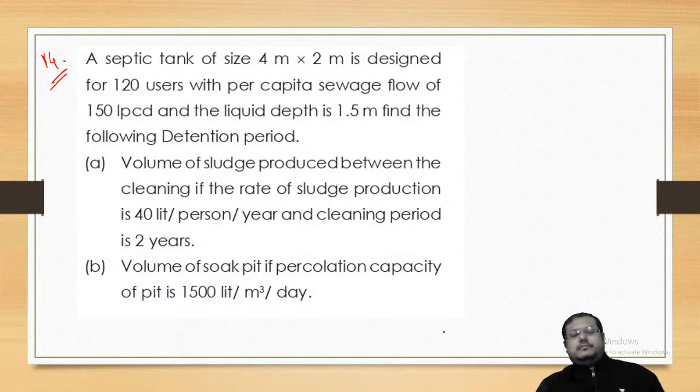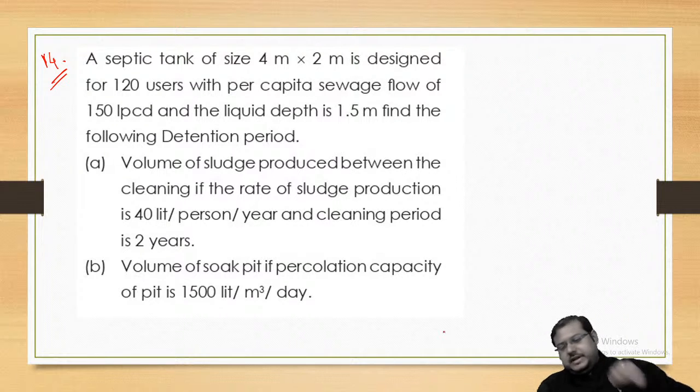Now, next question. A septic tank of size 4 meter cross 2 meter is designed for 120 users with per capita sewage flow of 150 LPCD and liquid depth of 1.5 meter. Find the detention period, and the volume of sludge produced between cleanings if the rate of sludge production is 40 liter per person per year and the cleaning period is 2 years.